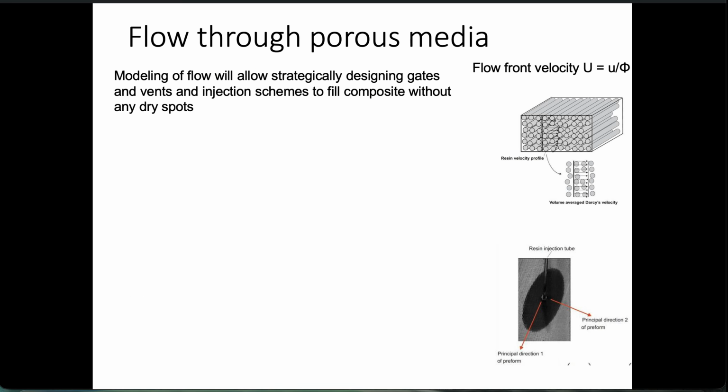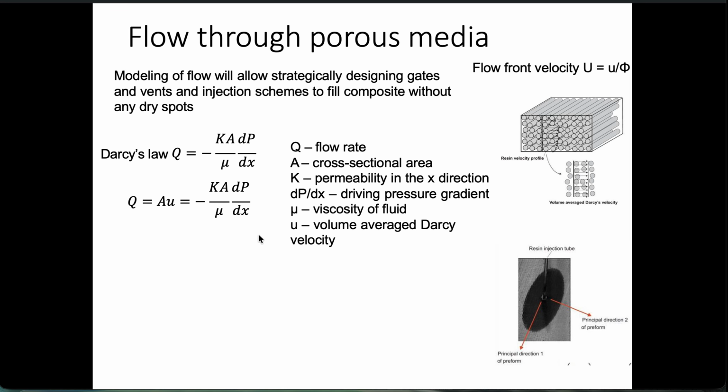To do our calculations, we need a little bit of understanding about flow through porous media. Based on Darcy's law, the flow rate Q through the porous media depends on the permeability in the X direction, which is K, the cross-sectional area, which is this cross-section that the flow is passing through, this whole fiber, and the pressure gradient in our system.